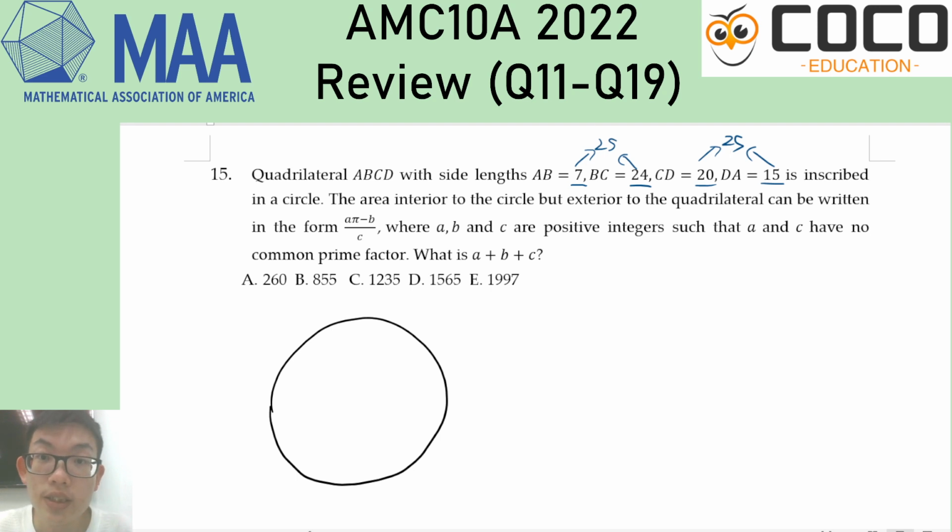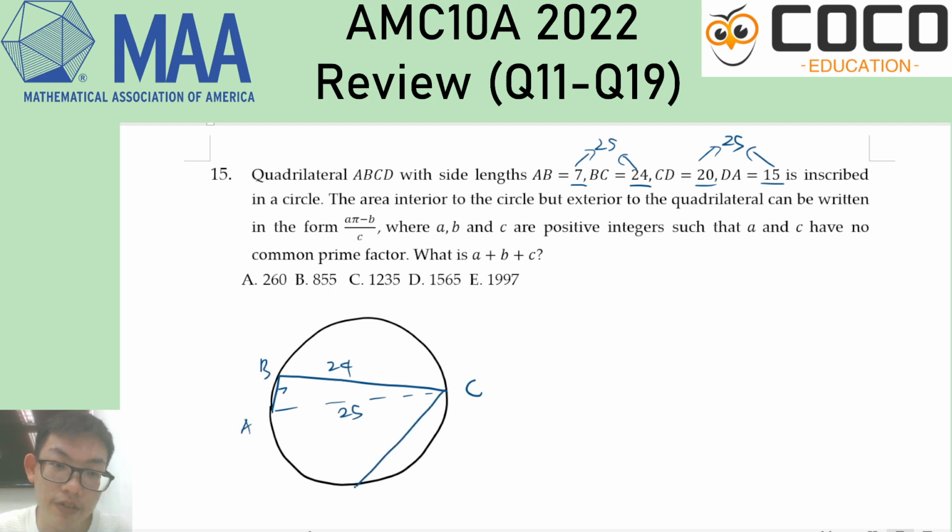In other words, we can just take it as 7, 24, 25, and another side of it is 20, 15, 25. Two right-angled triangles. Now, of course, this is a little bit of what we often call hand-waving, because how do you know this is the only possible way?